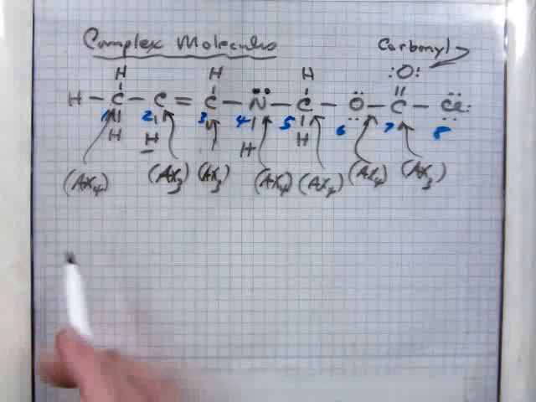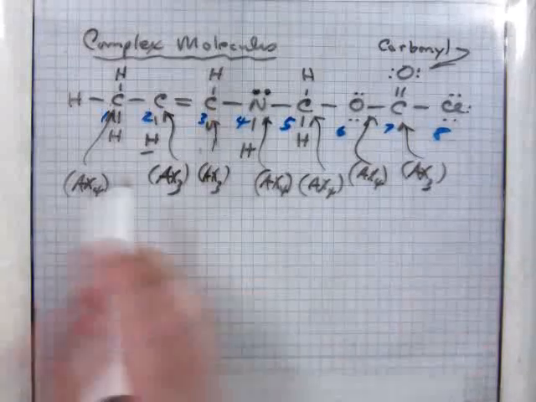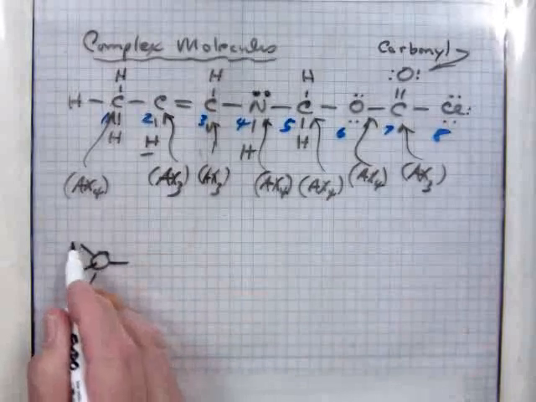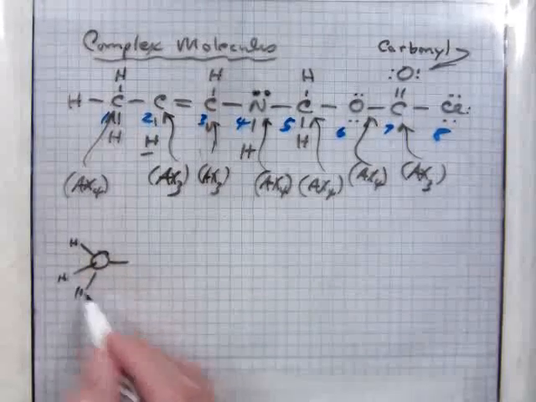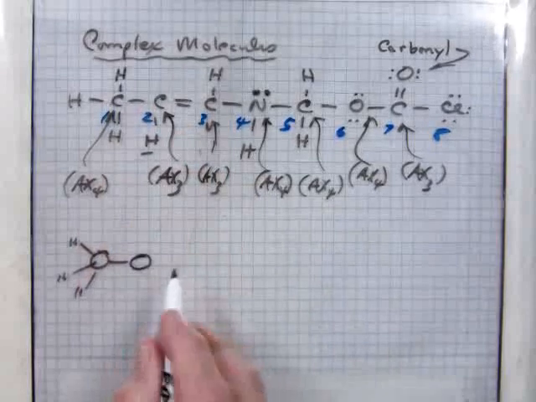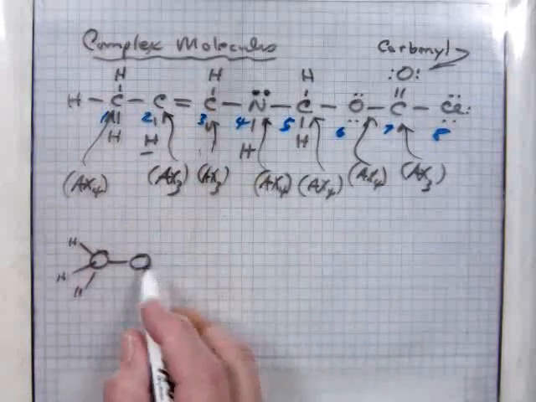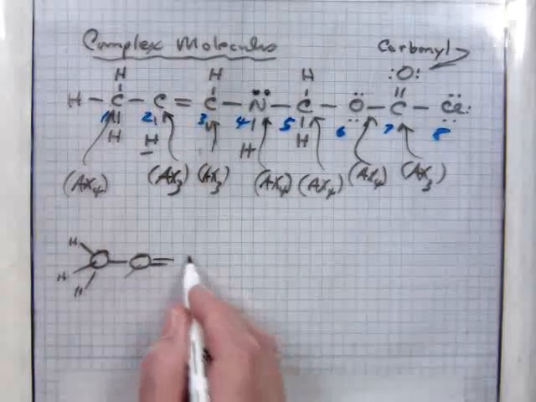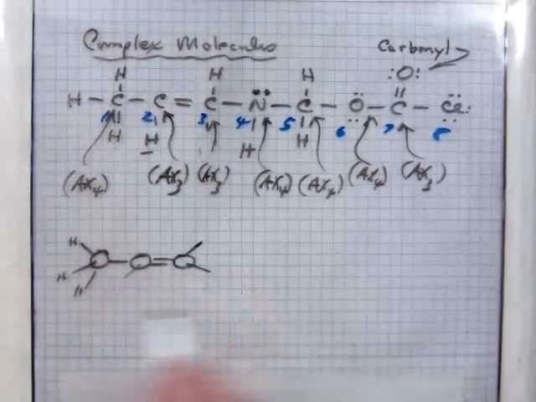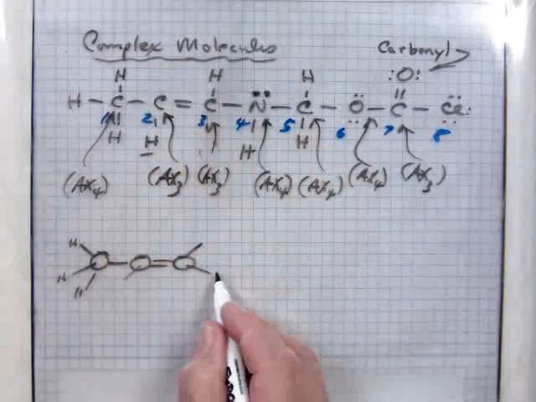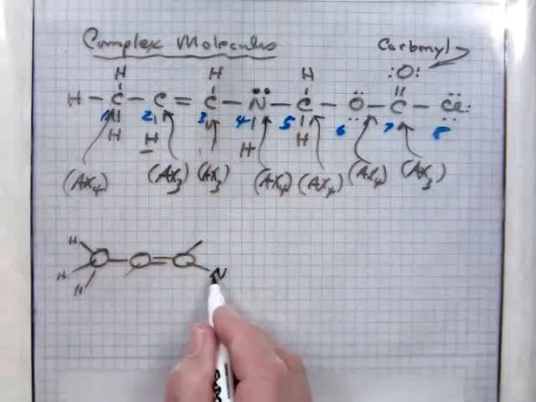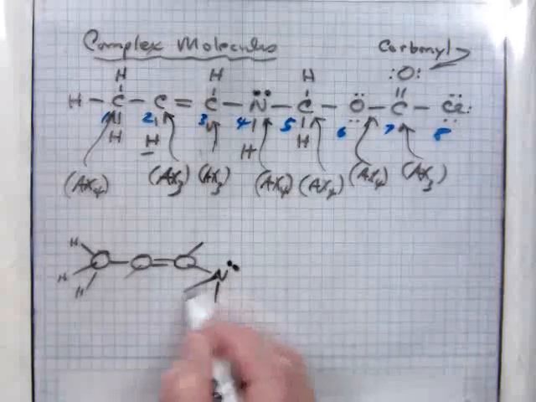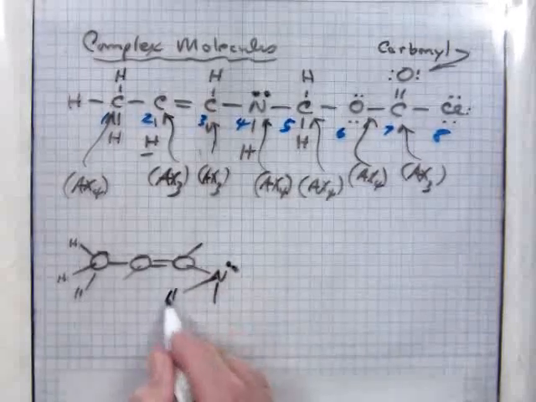So as you try to draw, you want to draw this kind of configuration, starting with the tetrahedron on this end, and you'll have your hydrogens, hydrogen, hydrogen, and then you go over to this carbon, but it's a double bond, but it's a trigonal planar like that, and then it'll come off to the nitrogen like that, which is a tetrahedron, a pyramidal, but you still take into account the tetrahedral geometry.